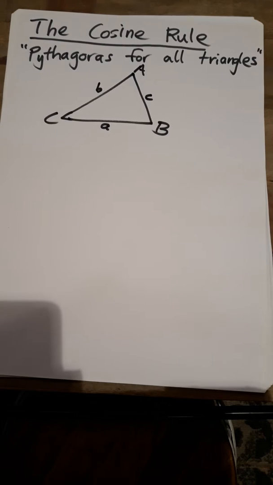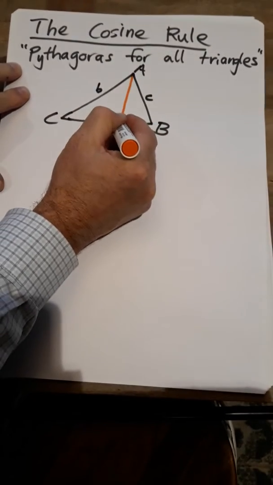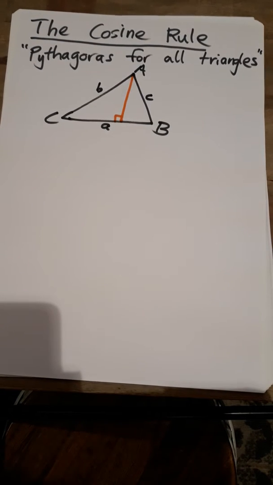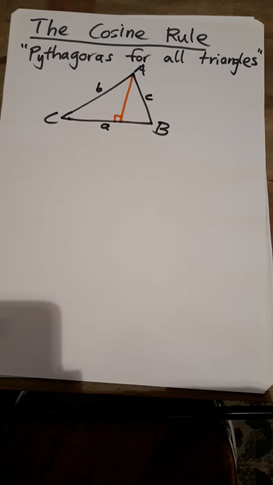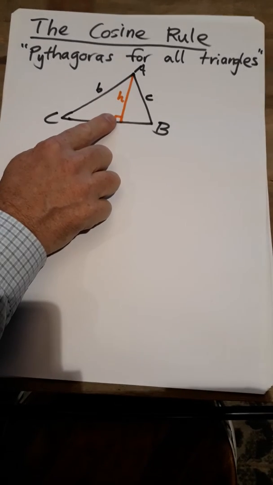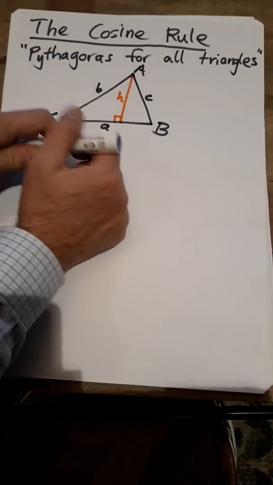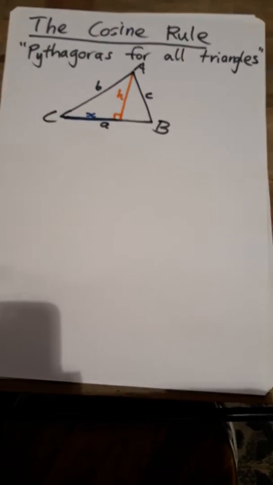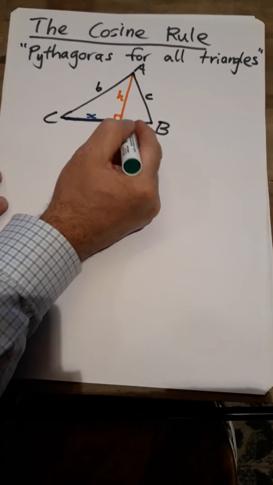As we did last time for the sine rule, let's drop a perpendicular from one of the vertices, vertex A, to the side opposite to it, and we'll call that H. Okay, now we've made two triangles. So this triangle down here, if I let that little bit in there be X, then what would this piece over here be?